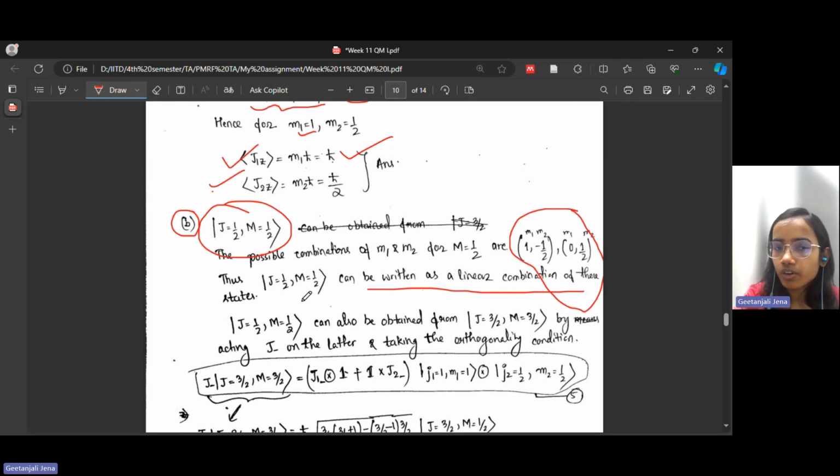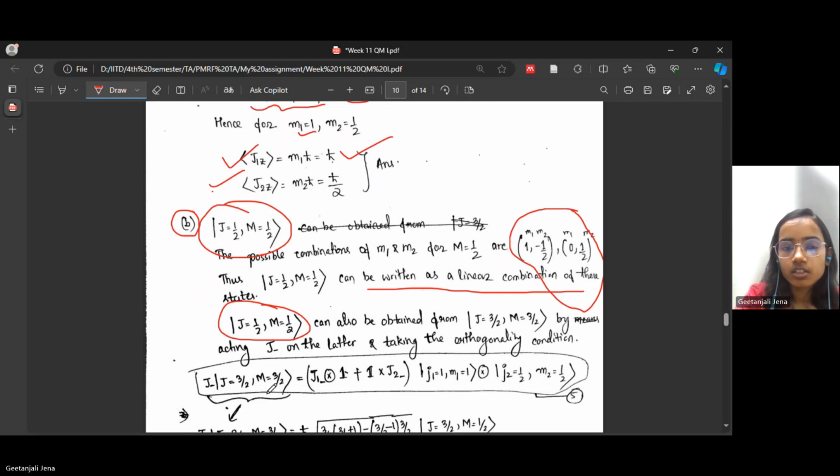The stretched state expression you already know. So to find the state with J equal to half and M equal to half, you just have to act with the lowering operator on the stretched state.